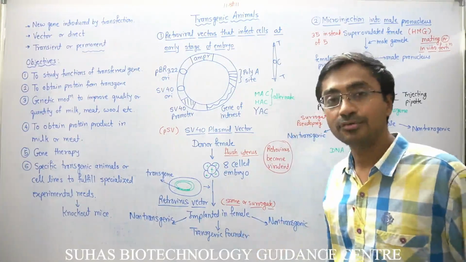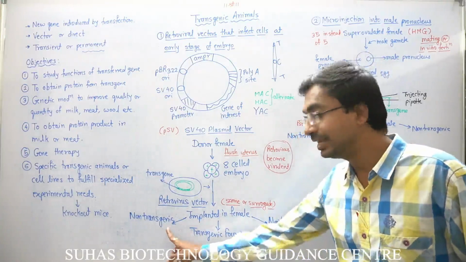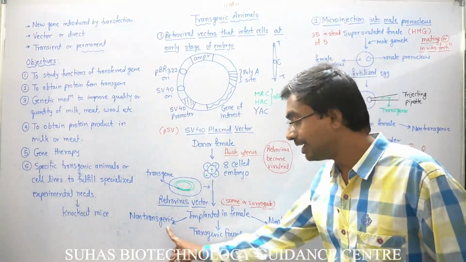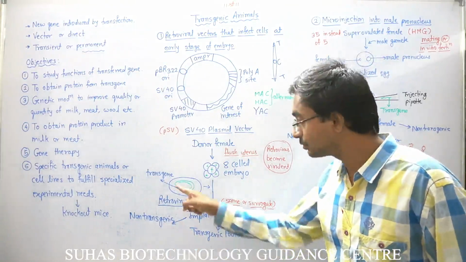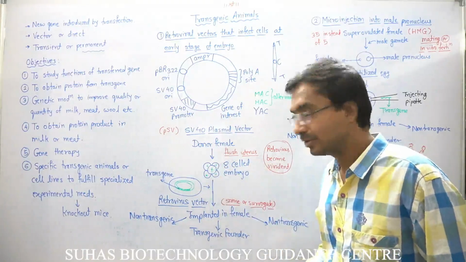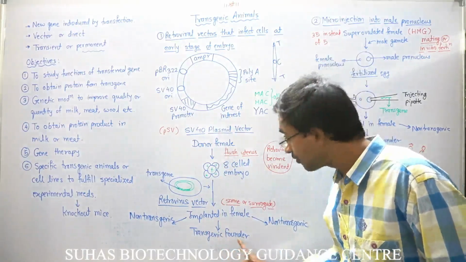Now, after a few months, she will deliver the child, and it might be non-transgenic, meaning though we have tried, the gene is not transferred, or it might be a transgenic founder.